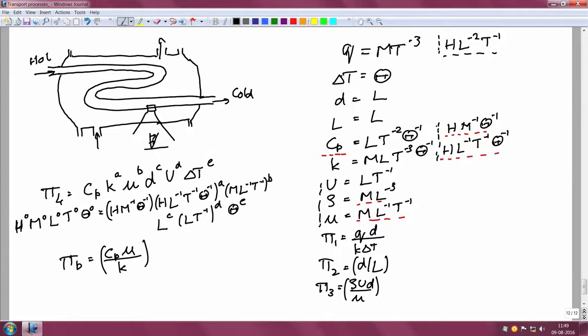If you solve all 5 equations, you can do it yourself and verify, C is equal to 0, D is equal to 0 and E is equal to 0. So, you just get a dimensionless group which goes as Cp times mu by k. That is the final dimensionless group. I should write that as pi 4.